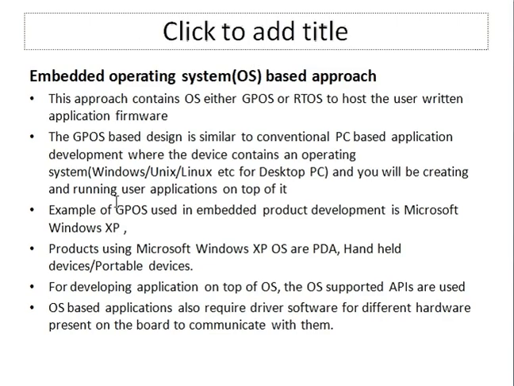Now the first approach, at any cost, will not use an operating system. Here, whenever you want to develop an application, you will be writing the application above the operating system.